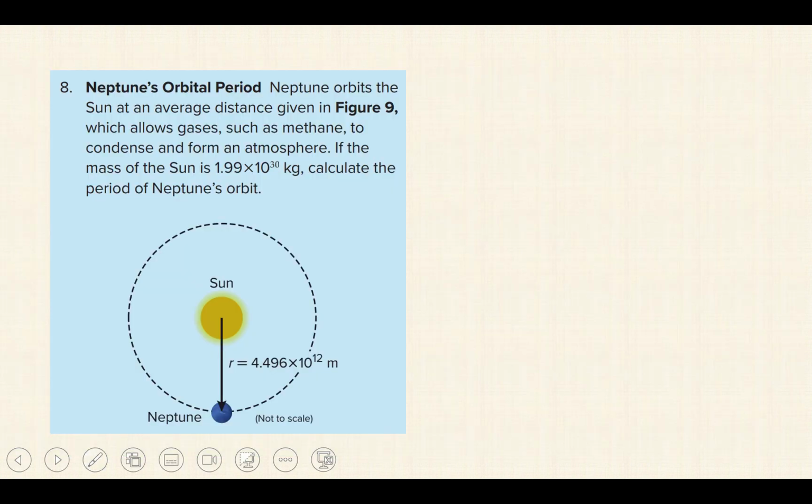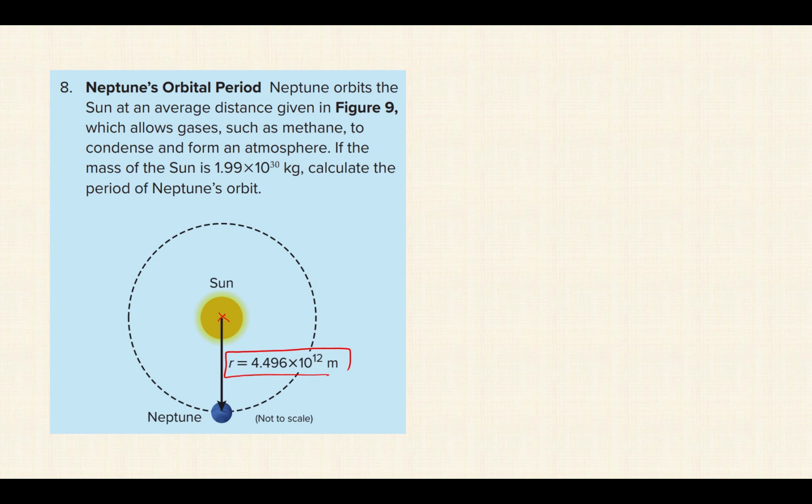This is the question mentioned. Here it says Neptune orbits the Sun at an average distance given in the question. So this is the orbital radius given in the question, which is the distance between the center of the Sun and the planet, which allows gases such as methane to condense and form an atmosphere.